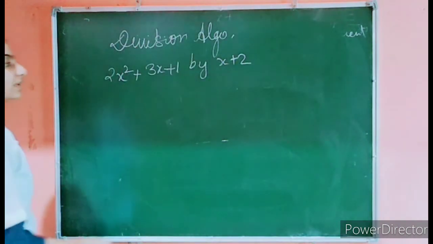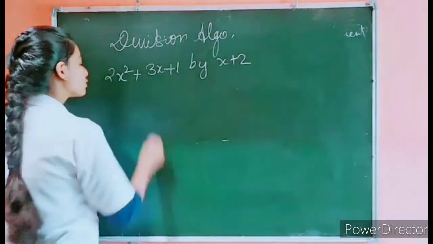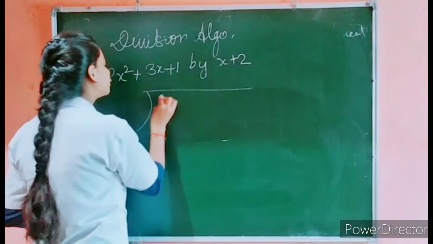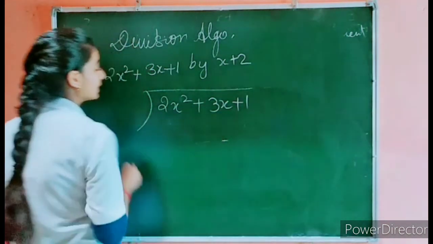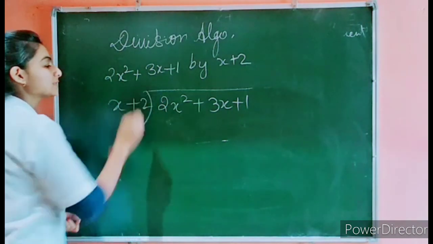Now we have to divide this equation by this. So we can write here 2x square plus 3x plus 1. We have to divide by x plus 2.